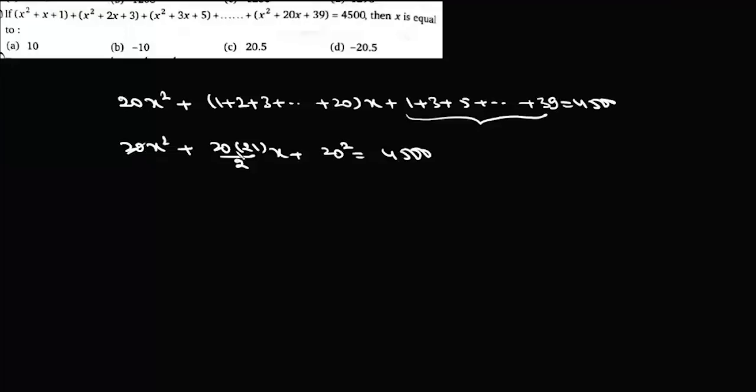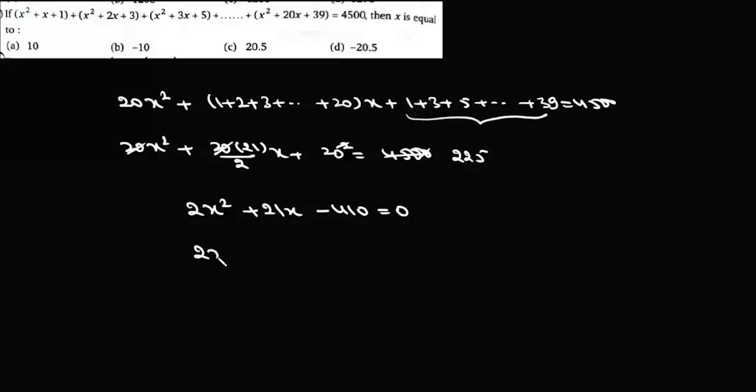Now this 20, 20 and 20 will cancel. So this is 225. If we multiply this by 2, we'll get this as 2x square plus 21x, and this is 40, and this is 450. So it will be minus 410 equals 0.